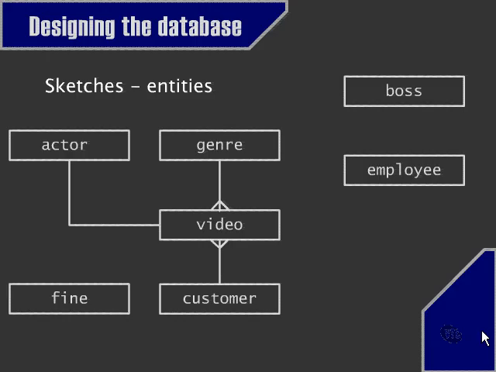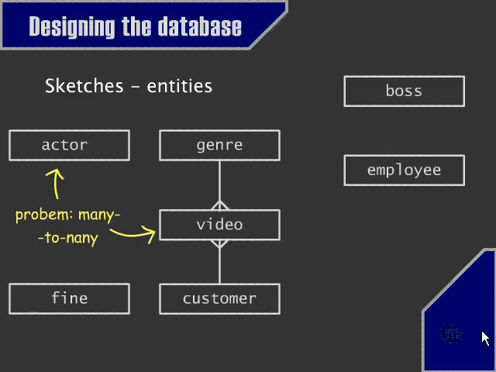We also need to connect videos with actors, and presumably, since there's more than one actor within each video, we need a one-to-many relationship there as well. The problem here is the fact that we have many actors and many videos.